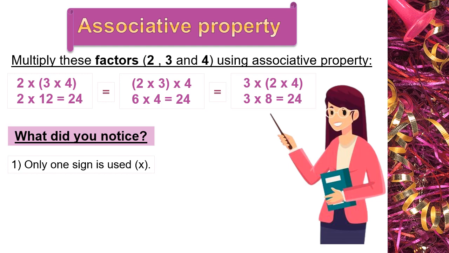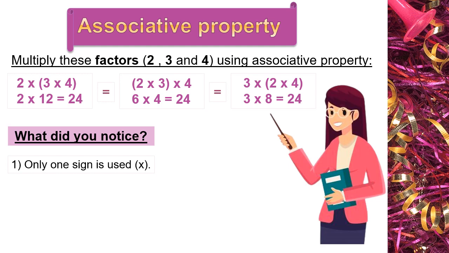Here in associative property, I use only one sign. One sign like this. I have here times only. I don't have any other sign, like distributive property. Do you remember distributive property? We used times and plus, but here I used times only.